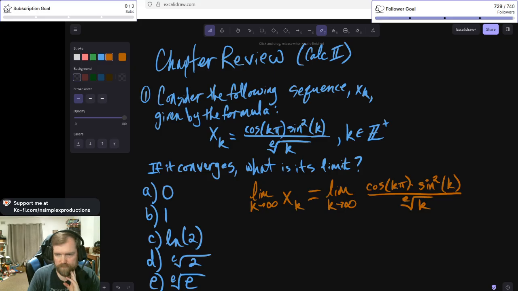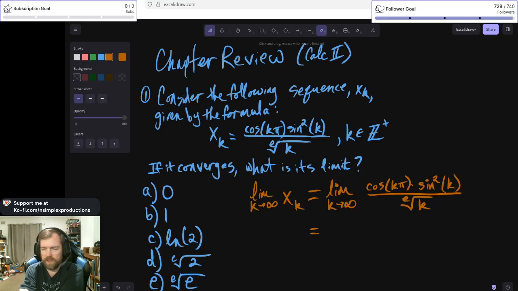In terms of rules, we do have the limit of a product. What we have here is three terms which are being multiplied together.